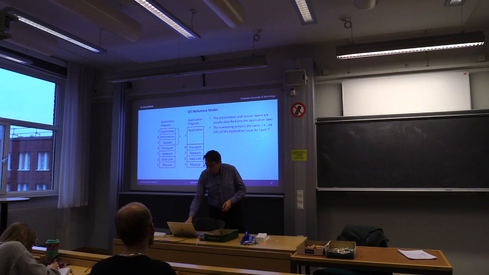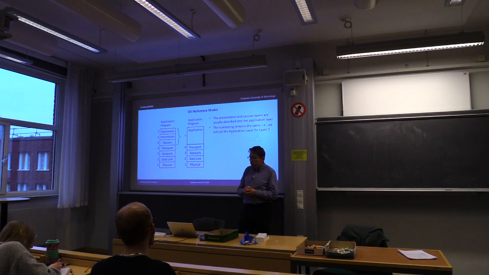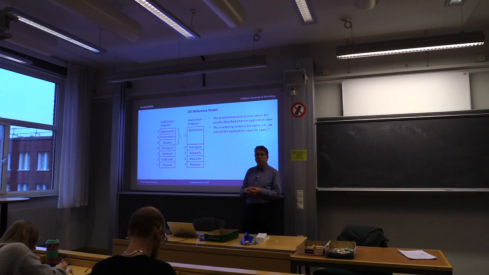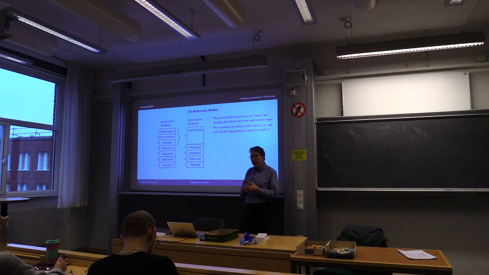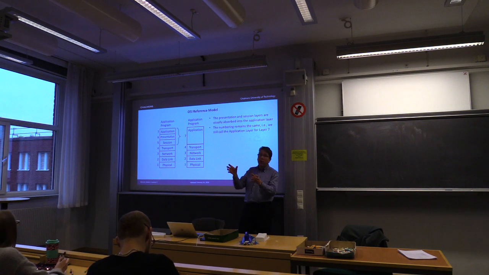Okay, so it was realized quite soon that layer 6 and layer 5 were quite thin. They didn't have much content in them, and it made little sense. Remember again, this is a divide and conquer strategy, right? Which is nice because you have modularity.